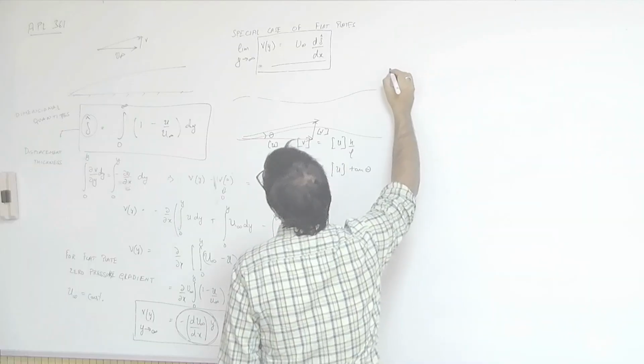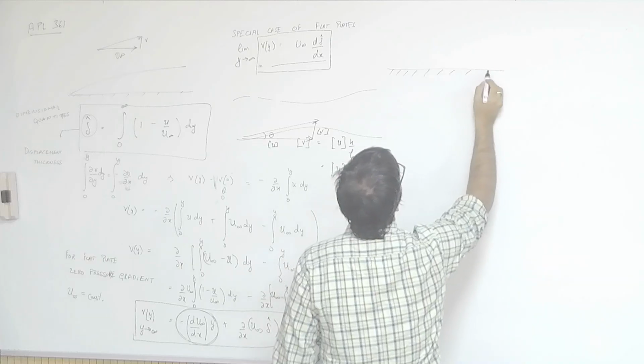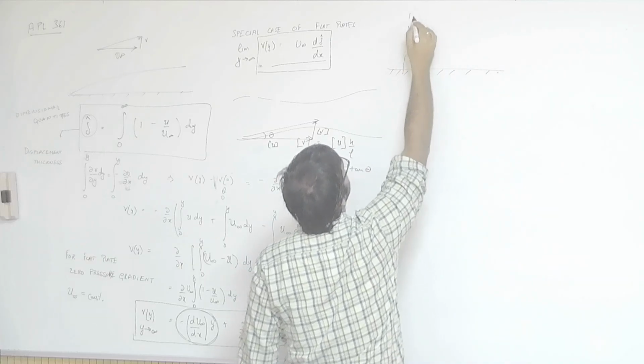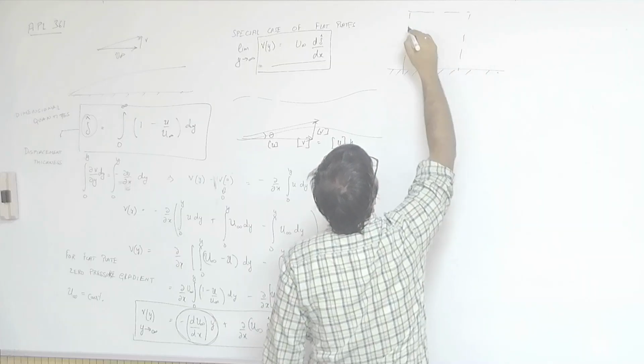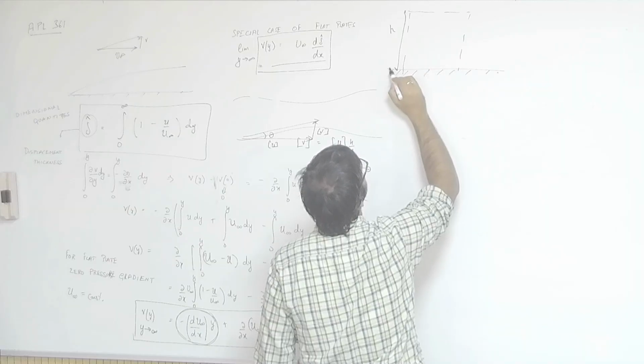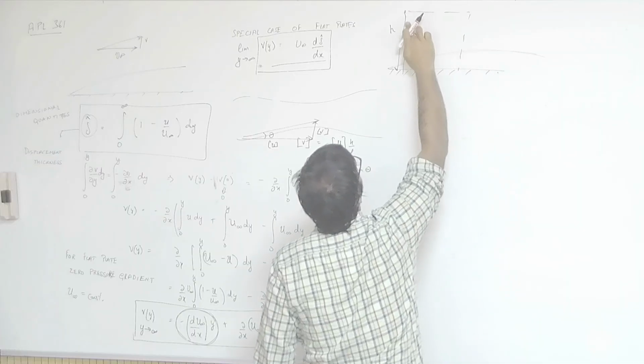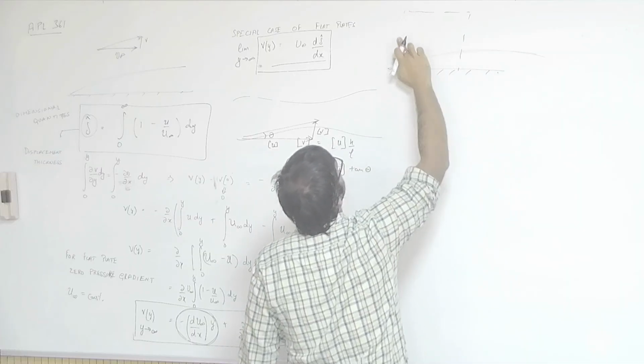In a way, what we are trying to say is, let us say you integrate, this is height h which is greater than the boundary layer thickness, and you integrate your mass flow rate here.